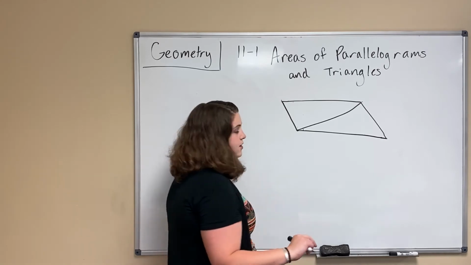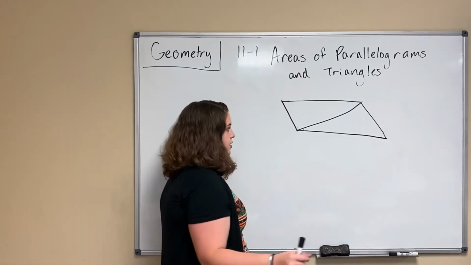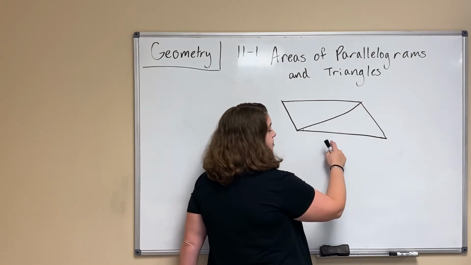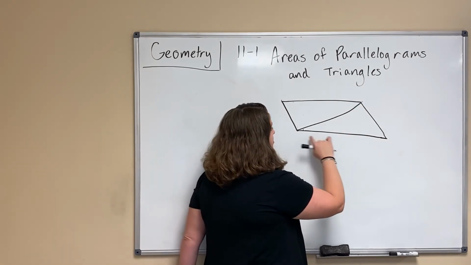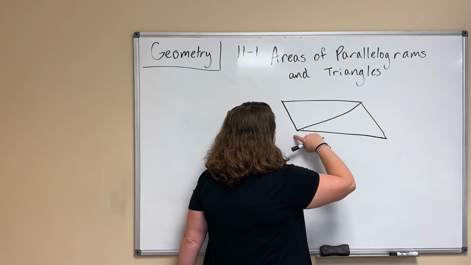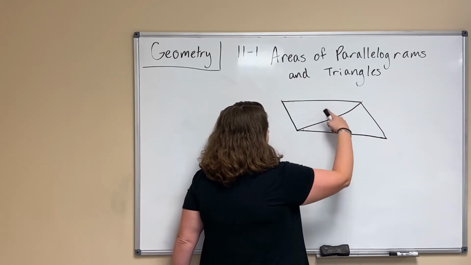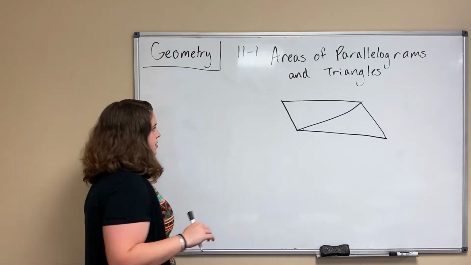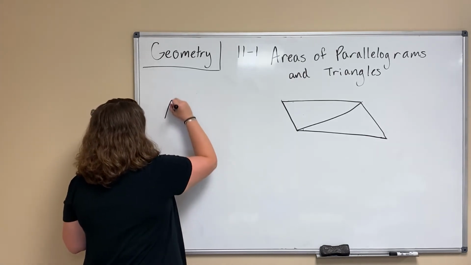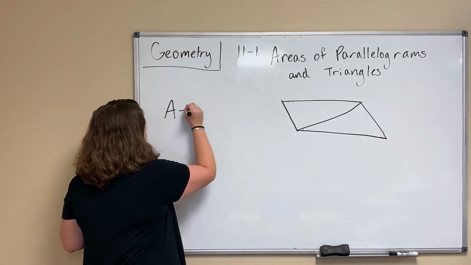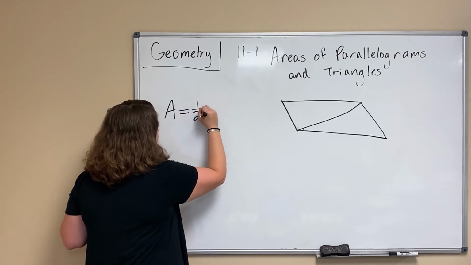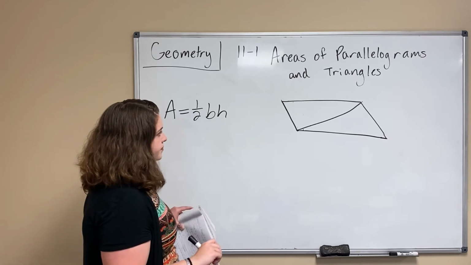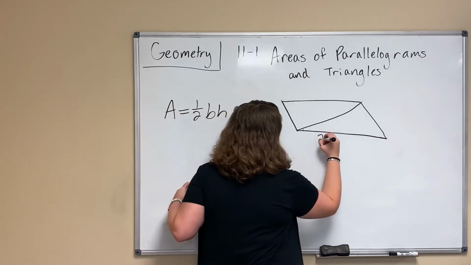So for our area for a triangle, we're still going to do the base times the height, just like we would with a parallelogram, but then we're going to multiply it by half because a triangle is half the area of a quadrilateral. So my area for a triangle equals 1/2 base times height. I still would use my 21 here.